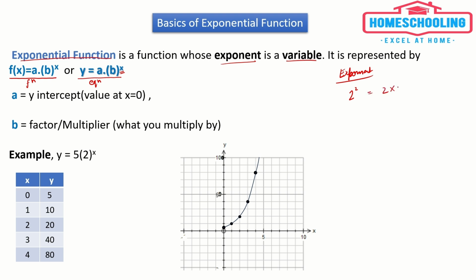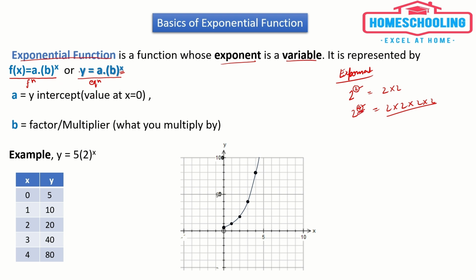So it can be said that 2 is multiplying 2 times. So our exponent is 2 here. Similarly, 2 to the power 4. So 2 will be multiplied 4 times. So our exponent would be 4, because exponent is used to represent the repeated multiplication of the same number. So 2 is multiplying 4 times here. So our exponent is 4.